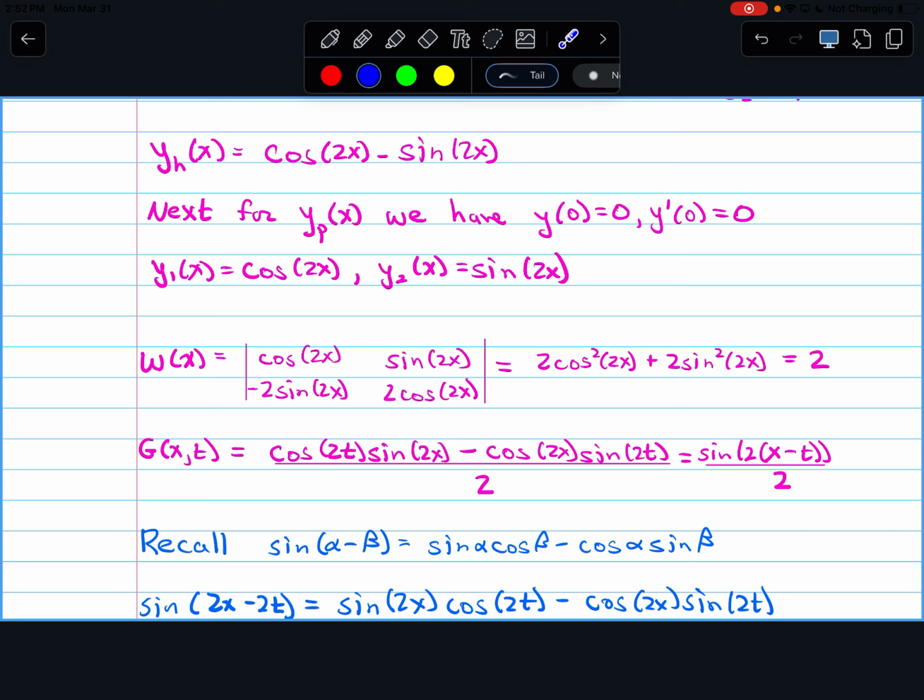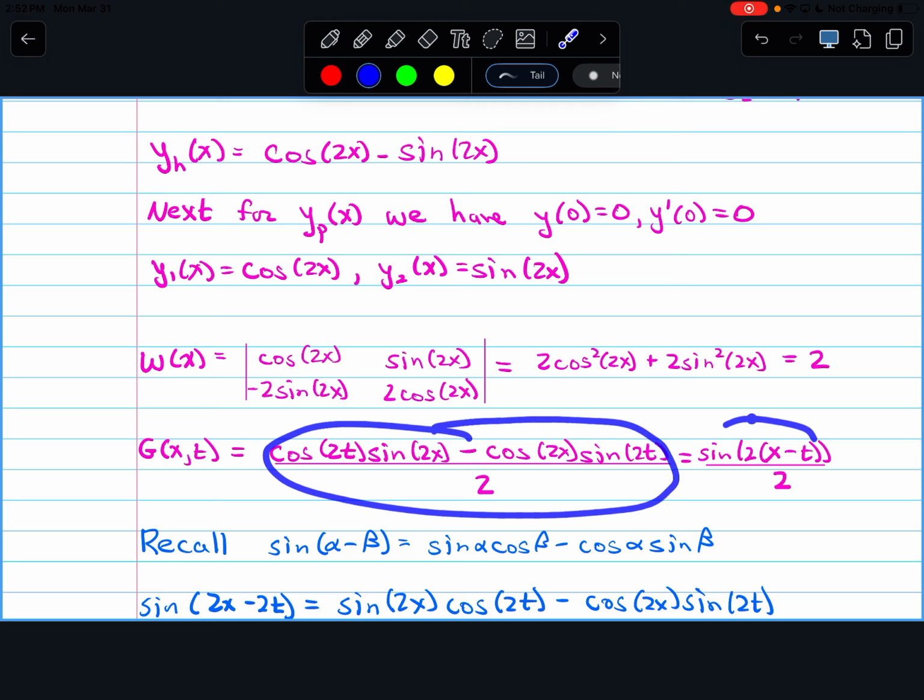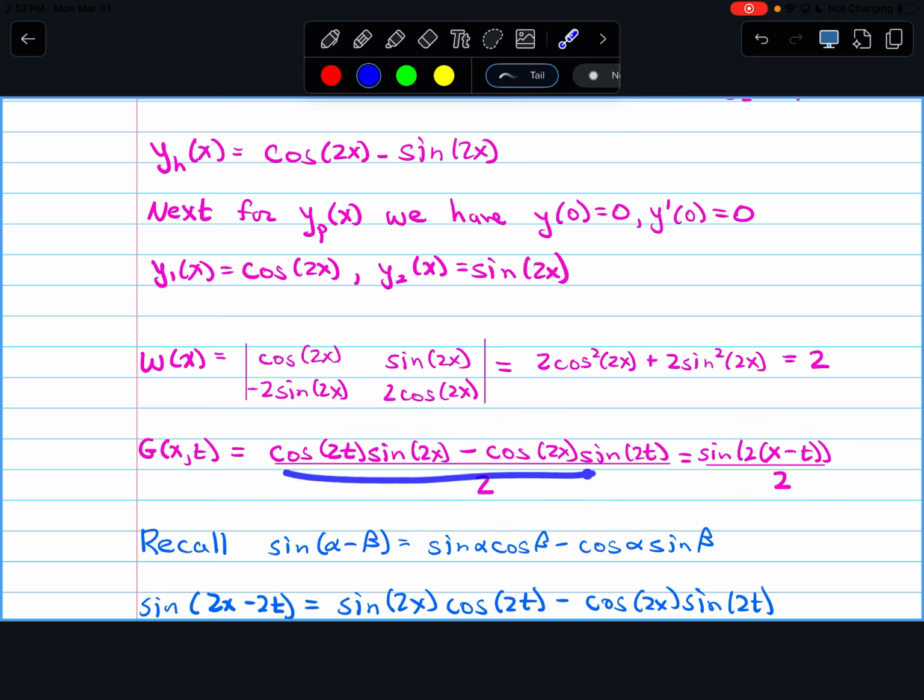And then I plug into the Green's function. See? Plug into the Green's function, and I get this thing. Now, you might be wondering, well, how did you get from here to here? Here, I was just plugging into the function, but then I made this leap.